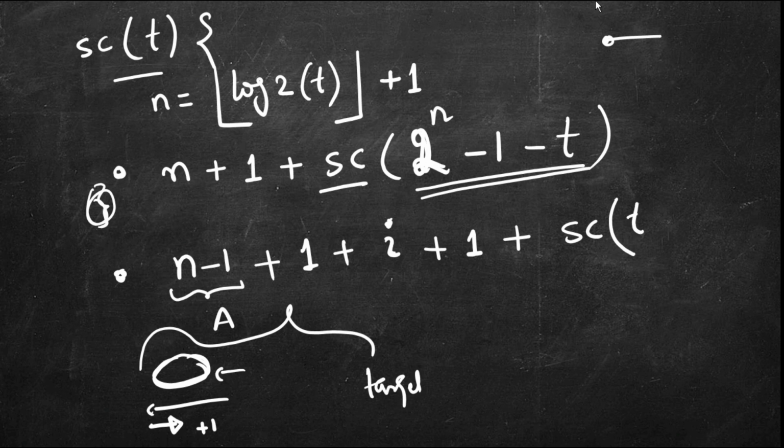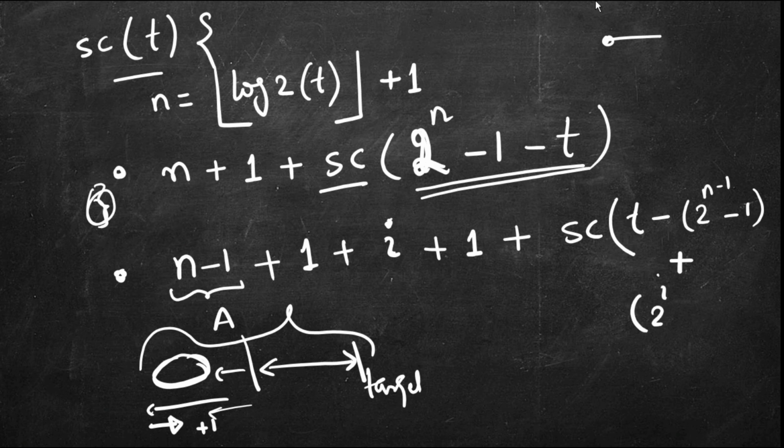So target minus 2 to the power n minus 1 minus 1. You came this close to the target, so this is that distance, t minus 2 to the power n minus 1. Then you turn and move a few steps to the left, so that increases the distance, so plus 2 to the power I minus 1.